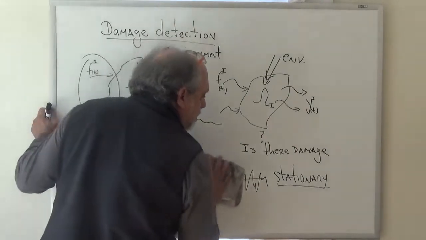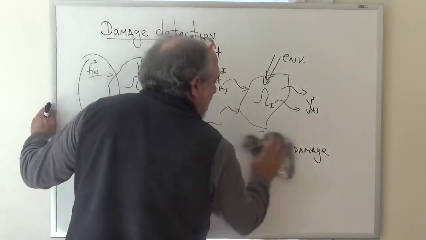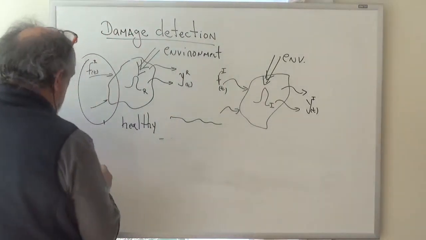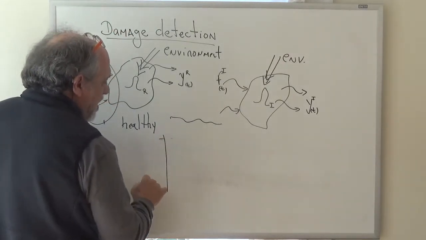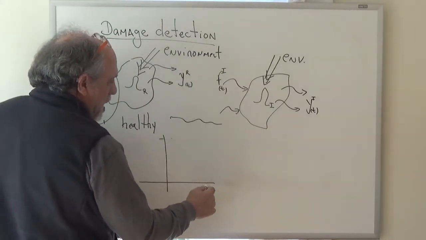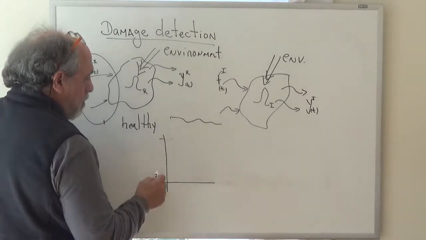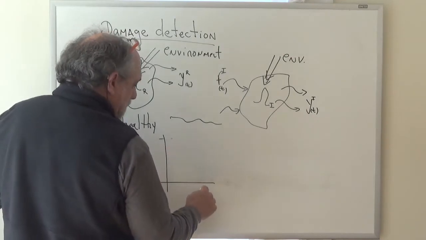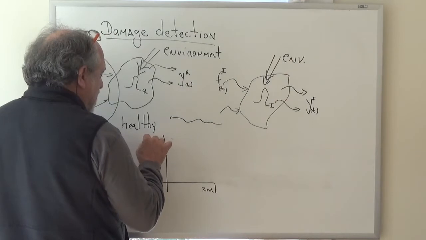So we go back to the fact that when we do the healthy state, let's assume that you have an axis here, and let's say this is the real and this is the imaginary.